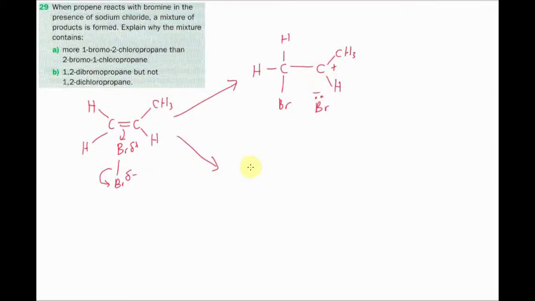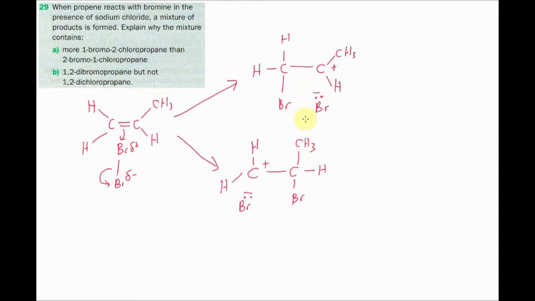We could end up with the bromine adding on here to begin with, and the positive charge being on position 1, on carbon 1. So those are the 2 intermediates that we could end up with.